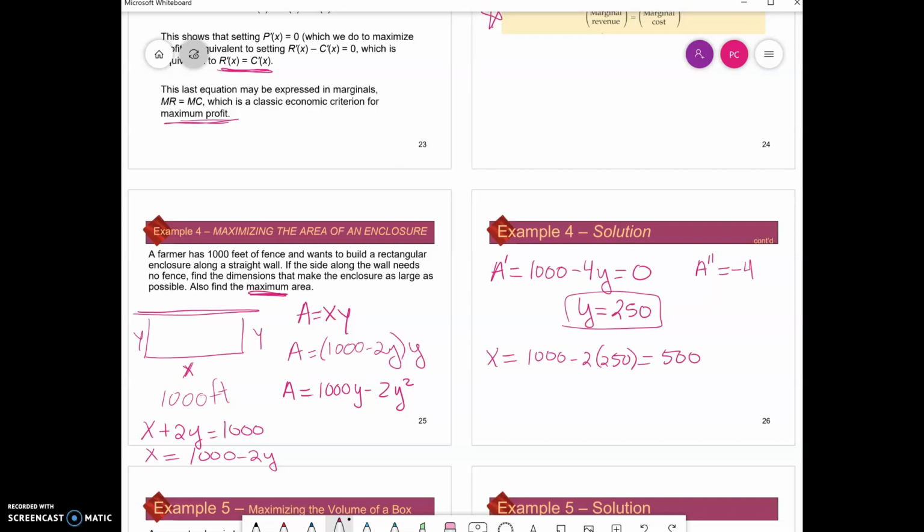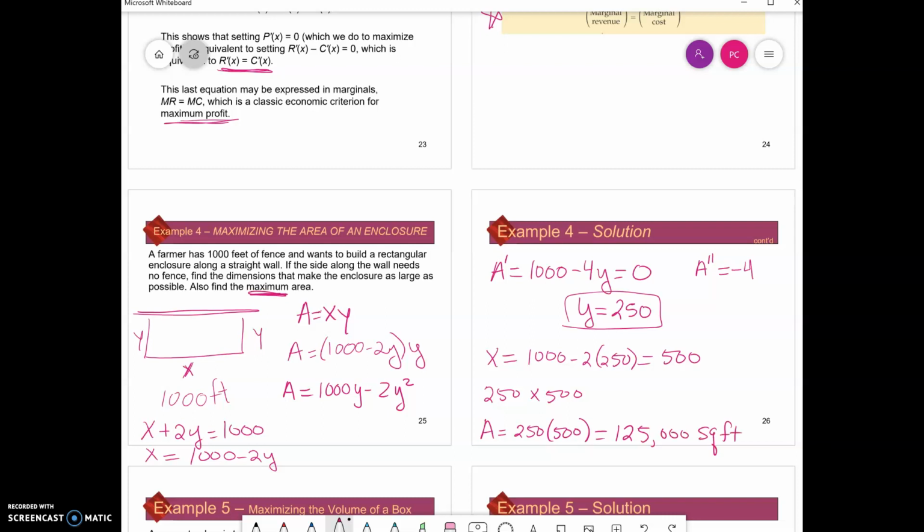So the dimensions that work for this are 250 by 500, and the maximum area is going to be 250 times 500, which gives us 125,000 square feet.